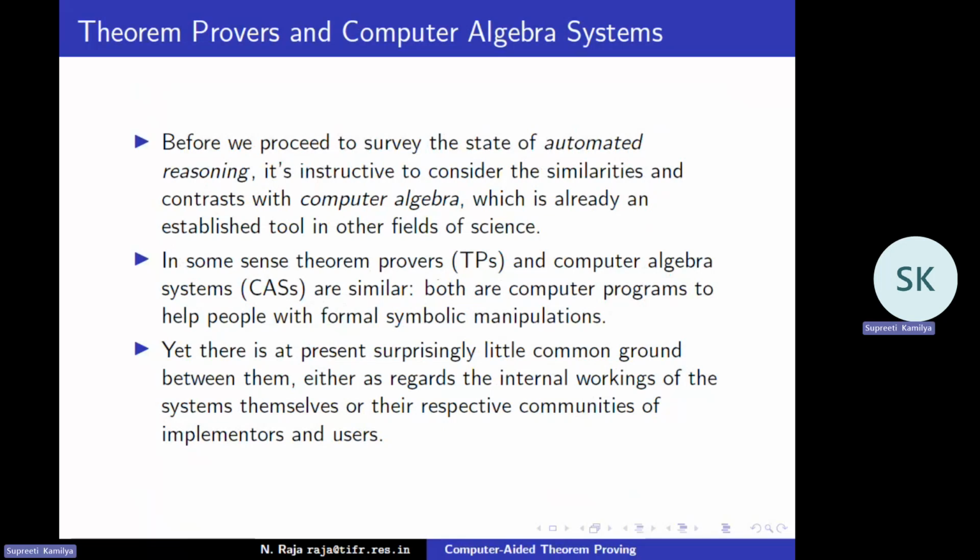So both computer algebra systems and theorem provers are computer programs which help people with formal symbolic manipulations. But like I said just a while back, there is very little common ground between them. The internal workings of the systems are completely different, and even the communities of people, the implementers and the users, seem to be completely disjoint.